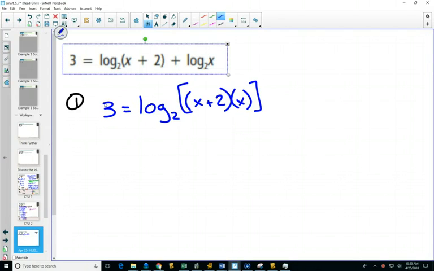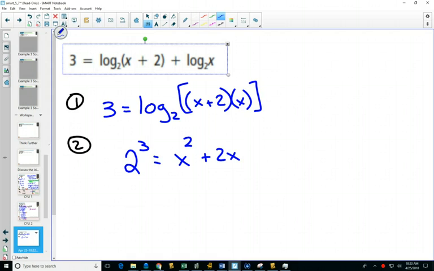Step 2. After you've got a single logarithm, change to exponential form. So use your definition of a log. This means 2 cubed is equal to, and I'm going to multiply that out, distribute that x squared plus 2x.